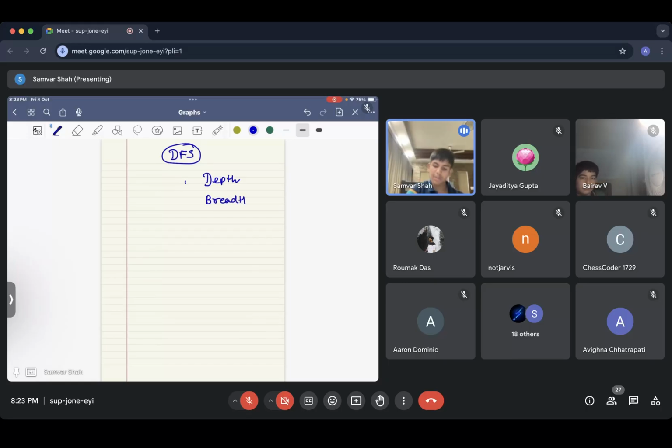Maybe some of you will be able to guess from the name itself that while breadth first search checked all of its neighbors at once, depth first search does something contrary to this, where it goes as deep as possible. It does not check all of its neighbors, but goes down the subtree, if I may say that.